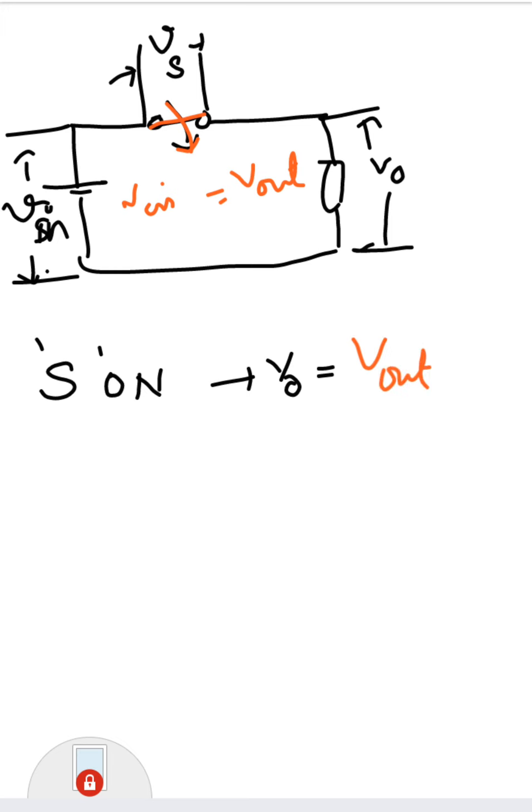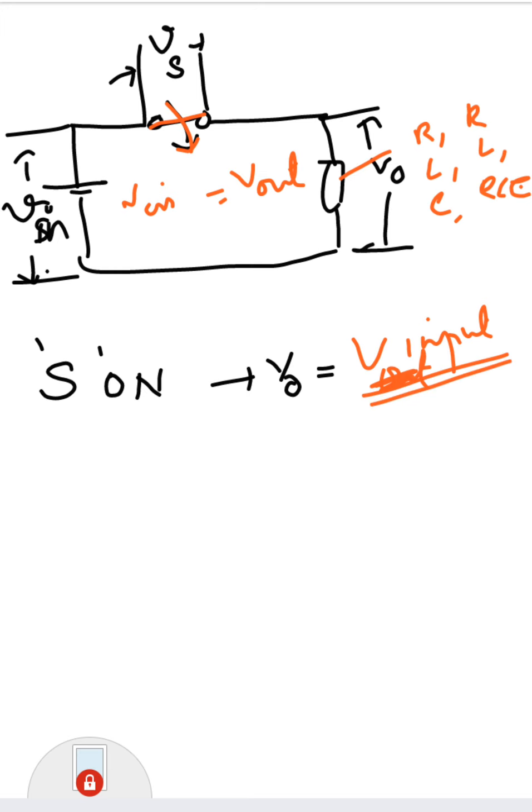So this is the first point that you need to remember, that when the switch is on, output voltage is always equal to input voltage. This is irrespective of the type of the load. You can use a resistance load here, or an inductor, or a capacitor, or a combination of RL. You can have a battery as well, but the voltage across the load V0 should definitely be equal to input voltage. That's the first rule.